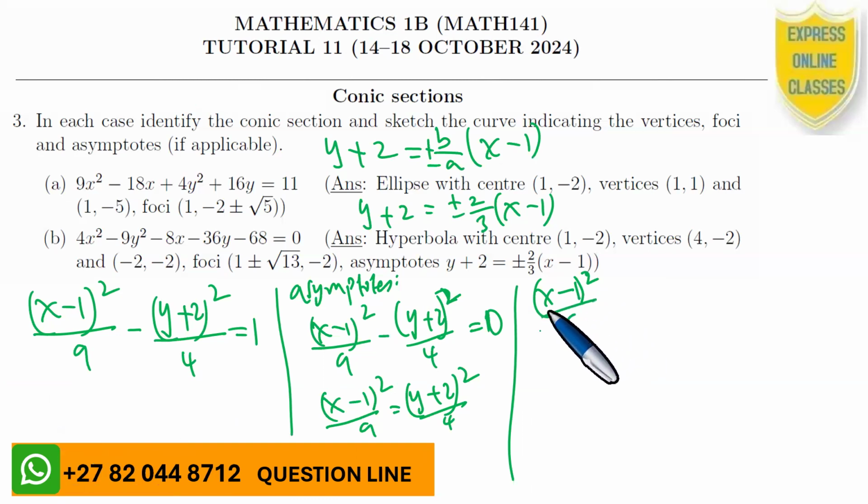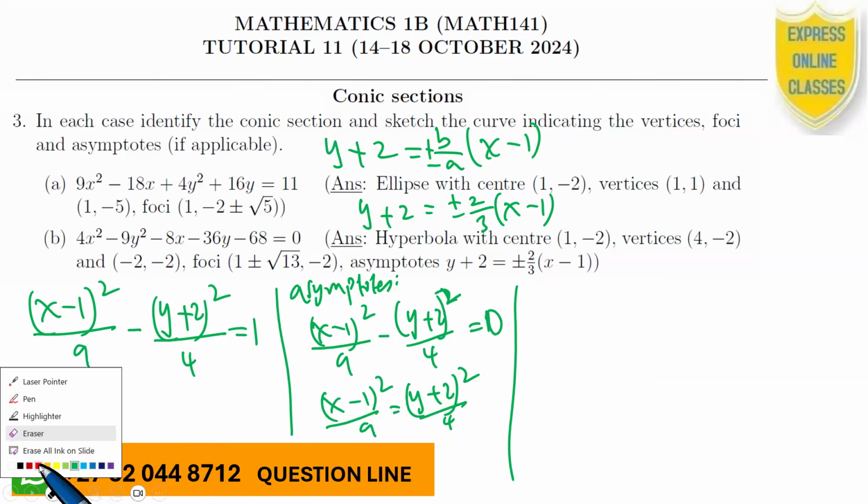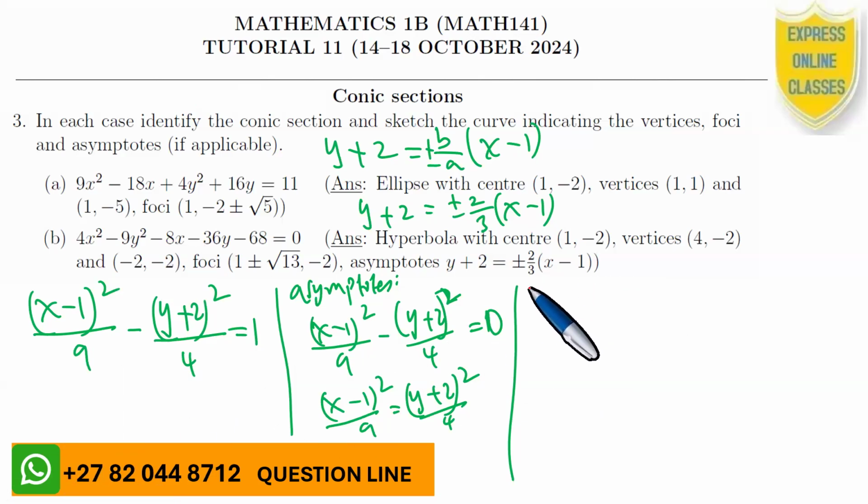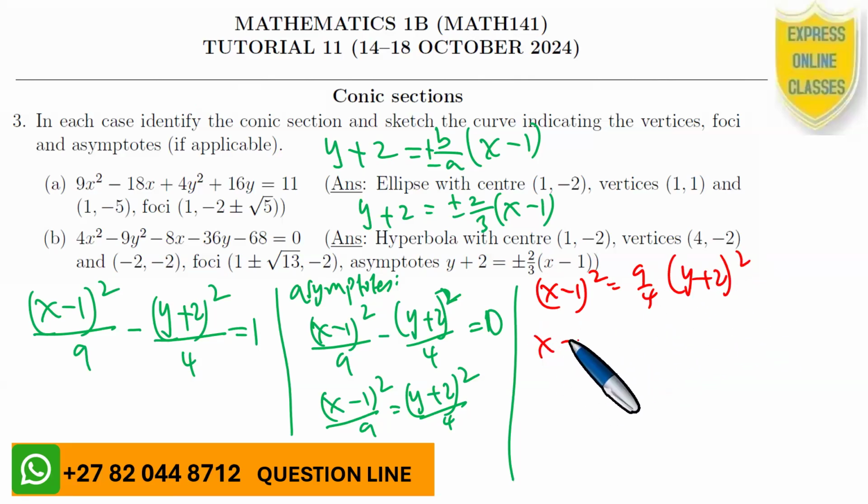Before you even take the square root, you just equate it to 0. You just change this 1 to 0. Obviously, this works for the hyperbola. So it means that x minus 1 squared, and then take the square root.